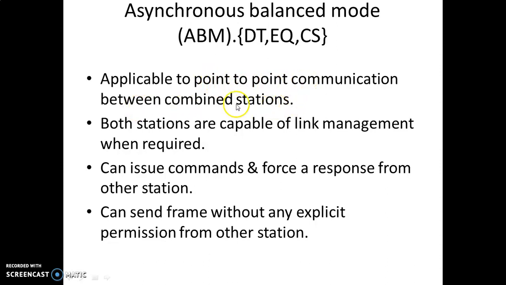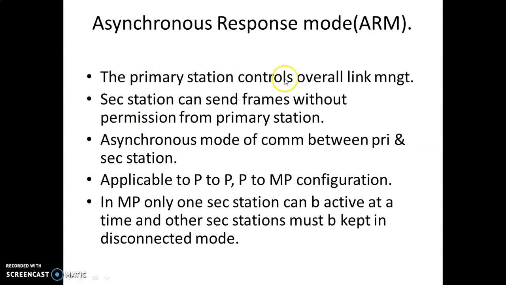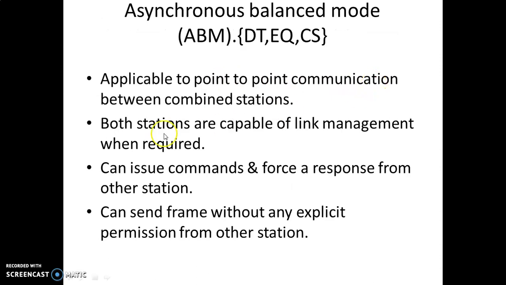Now since both combined stations can be primary as well as secondary, here it is written that both stations are capable of link management whenever required. In the previous modes we discussed that the primary station controls the overall link management. Here both stations can be primary as well as secondary, so both are capable of link management. Since they are combined stations, they can issue commands and force a response from the other station.